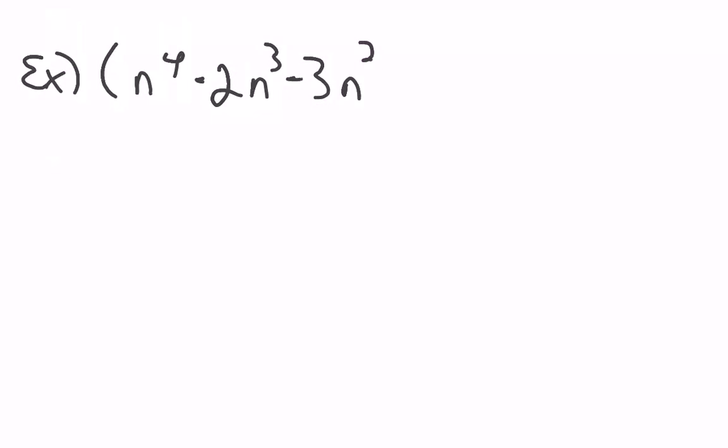And another example. Again, we're dividing 18, n to the fourth minus 2n cubed minus 3n squared plus 7n minus 2 divided by n minus 2.